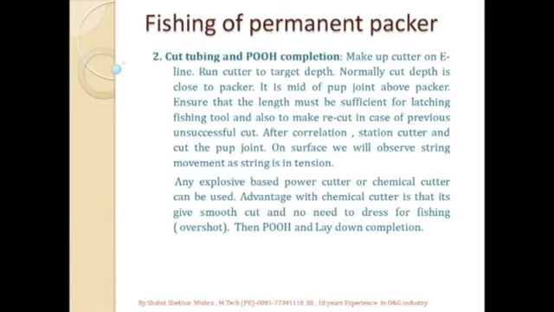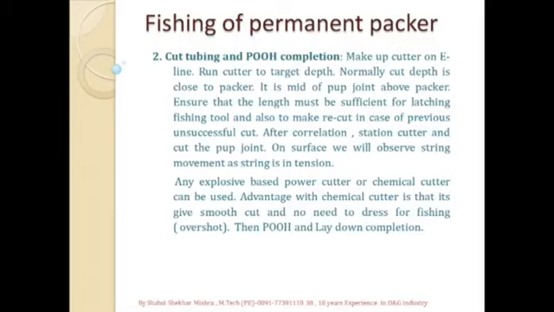Once it has been cut, we will lay down the E line. After laying down the E line, we'll now start the pull out of the completion. We'll pull out and lay down the completion, and we'll examine the lower cut of the pulled out completion.